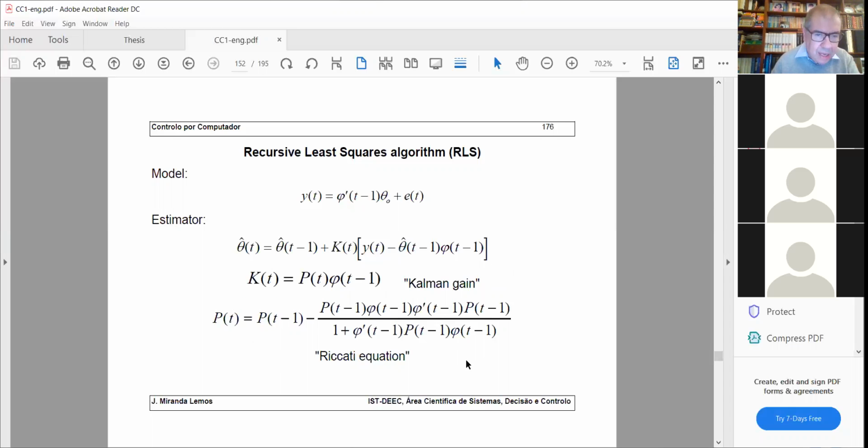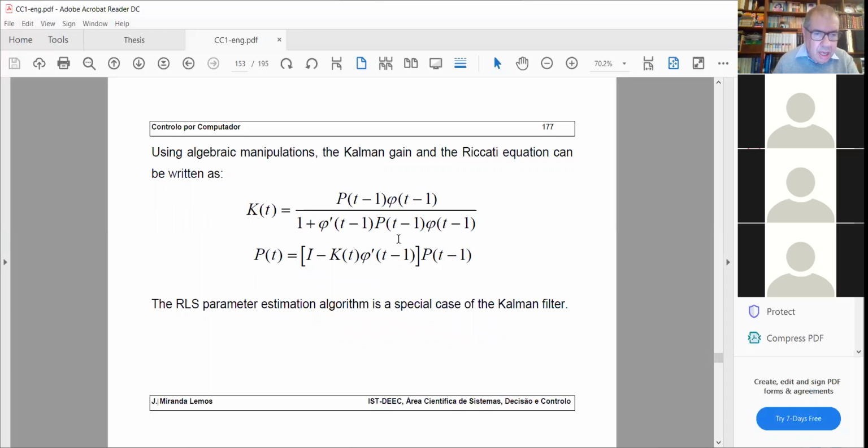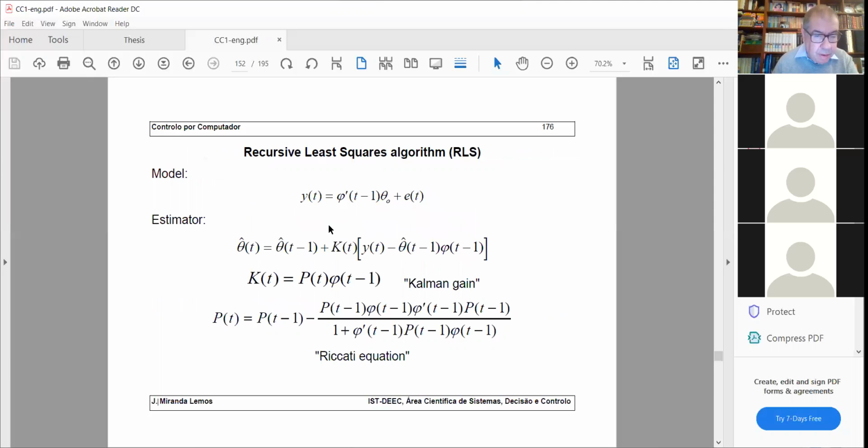Okay, so we have this. We can also rewrite these equations in this other form. Okay, so this is just picking up the expression for P given by this equation for P, the so-called Riccati equation. So you pick up the Riccati equation, plug it there, and use the definition of K in the Riccati equation also.